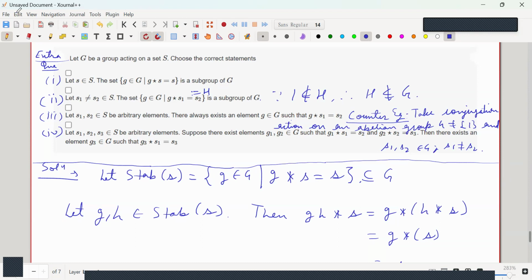So if I consider g3 equals g2 times g1, then I get g3 times s1 to be s3. Good. So precisely right.